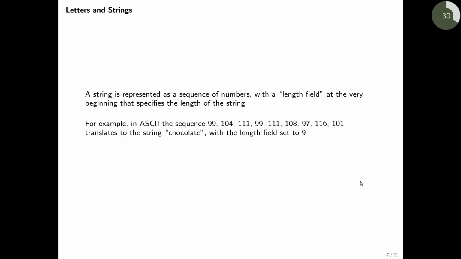So for example, in ASCII, this sequence of numbers would represent the string chocolate. And the length field in this case would be set to 9, because the string has 9 characters in it. Okay, so the way the string chocolate is going to be represented internally is as a sequence of 10 numbers, starting with 9 and then all these numbers following that.